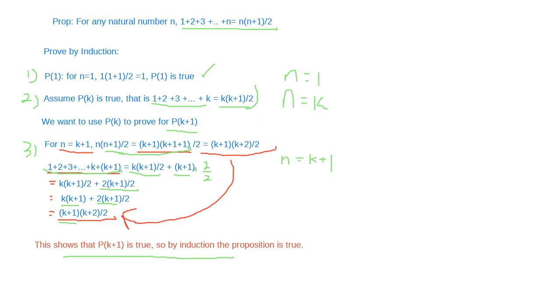In this case, by induction, we proved it works for all natural numbers. So we show for n equals 1, we assume n works for k, then we show it also works for k plus 1. This step is called induction. So in the end, the conclusion is P of k plus 1 is true. So by induction, the proposition is true.